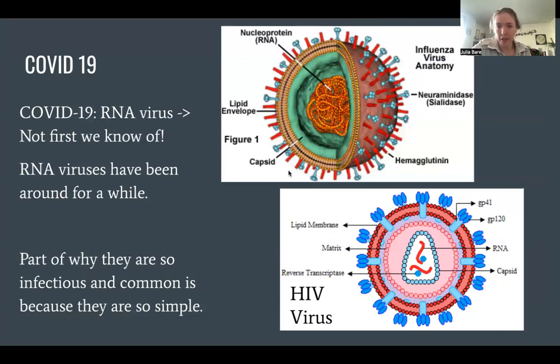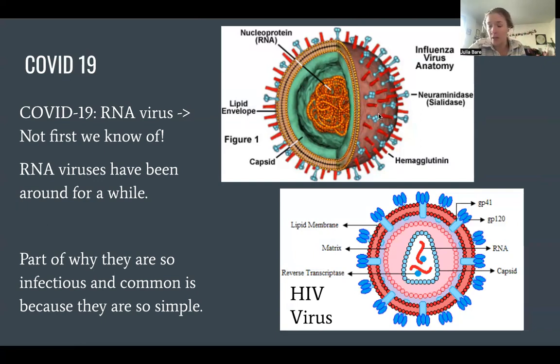Now, COVID-19 is a type of RNA virus, but it's not the first RNA virus that we are familiar with. RNA viruses have been around for a long time. And part of why they are so infectious and common is because they are so simple. They are literally just a membrane, proteins, and RNA. Some examples of this are the flu virus.